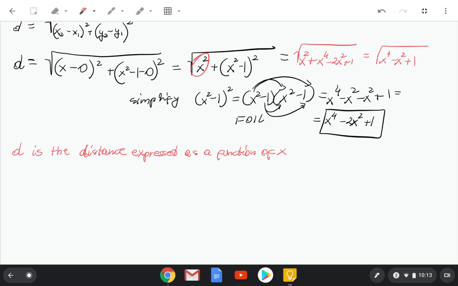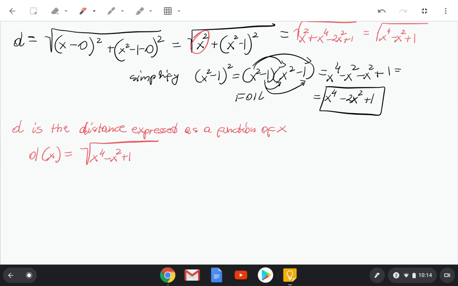So d of x equal square root x to the 4 minus x squared plus 1. Okay, so we have it. Now we can go back to part B.